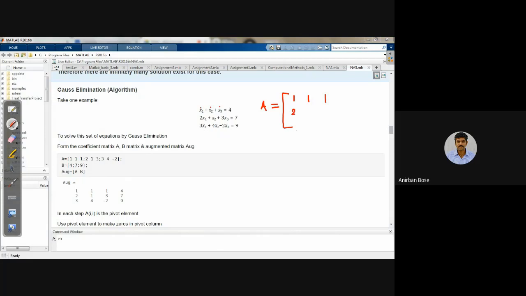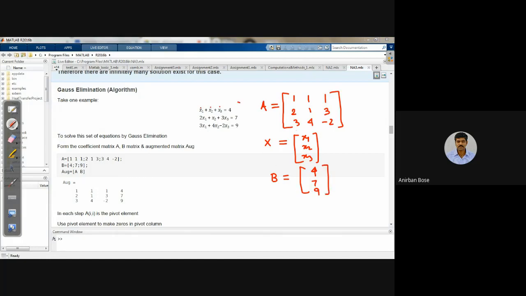Then 2, 1, 3, and then 3, 4, minus 2. Then the X matrix is a column matrix, x1, x2, x3. And the B matrix is again a column matrix, 4, 7, 9. I hope that part is clear.